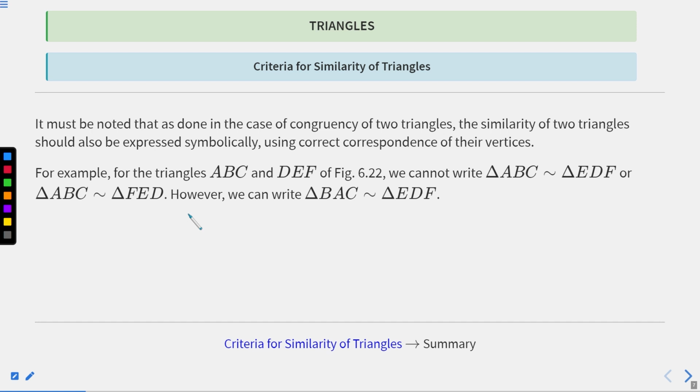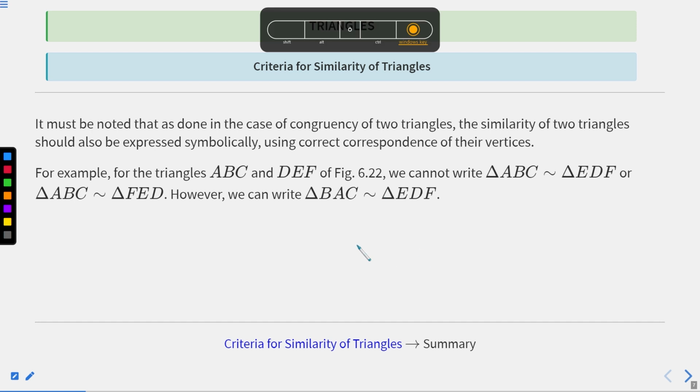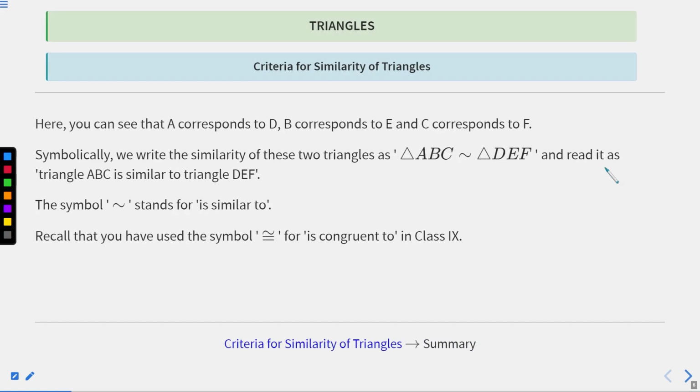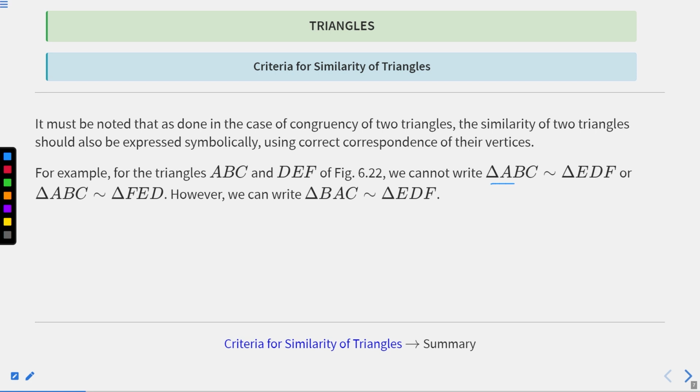For example, for the triangles ABC and DEF of figure 6.22, we cannot write triangle ABC is similar to triangle EDF, or triangle ABC is similar to triangle FED.